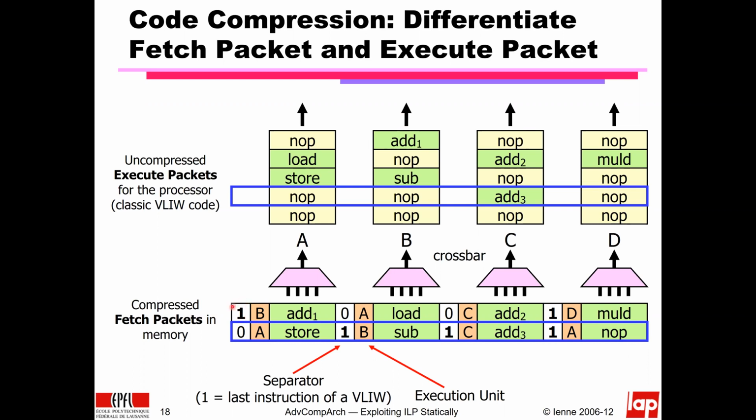So there is this thing that some people call the stop bit, the one that says we are done, and an explicit encoding of the destination functional unit, of the functional unit I'm encoding for. And you see here another example. If you go one cycle later, there is a load that I need to do on A, but there is something more.